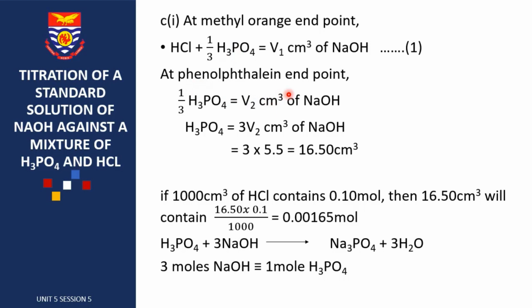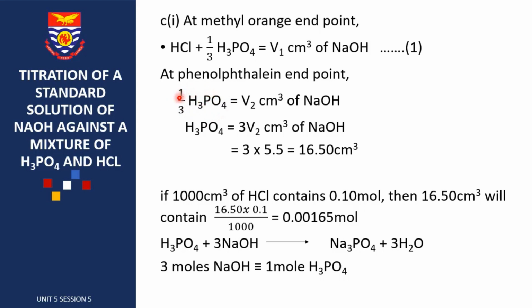At the phenolphthalein endpoint, since the HCl is gone, we have this. So, like we said, if you divide into 3, it would undergo the ionization in 3 stages. Now, for the 3, one of them would be neutralized.